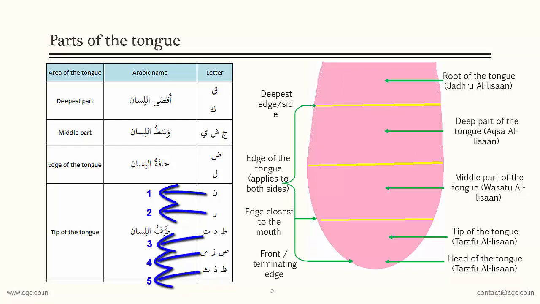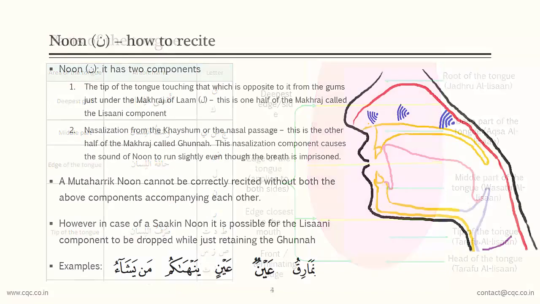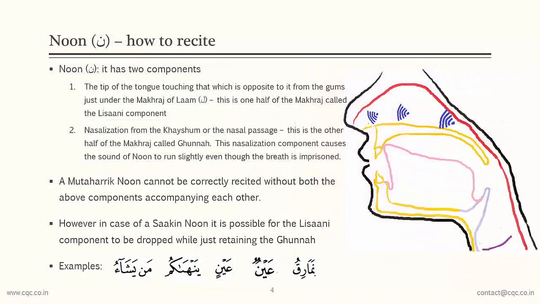We will study in detail how each of these letters are recited differently, even though some of them share the same articulation point, and also look at how different they are from their characteristics or sifat point of view. Let's start with understanding the letter Noon in more detail.